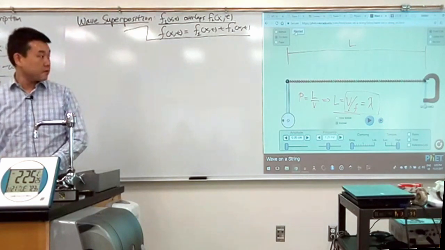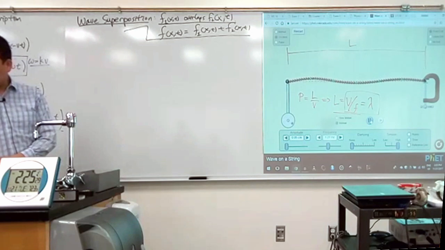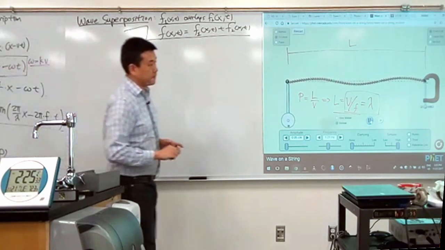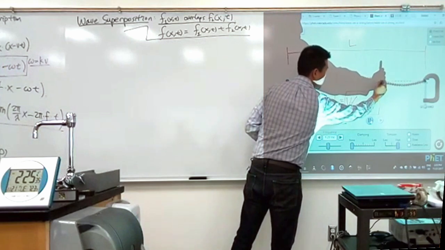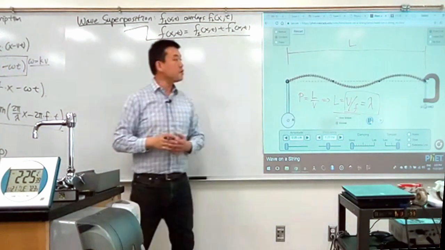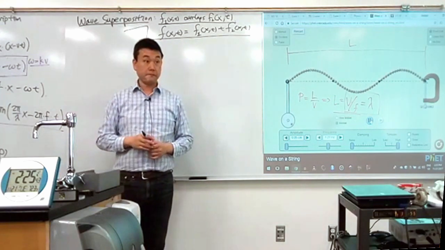All right, so restart, and let's see what happens. So this is what you see. You see these stationary points showing up once enough time has passed for this standing wave pattern to build up.